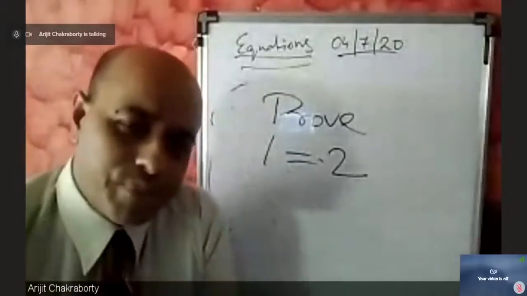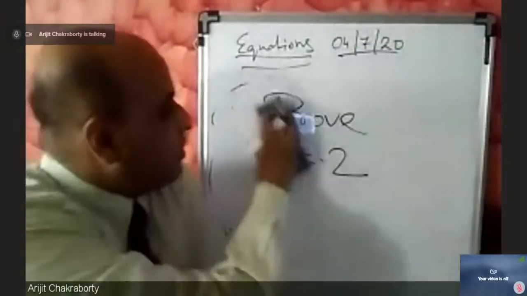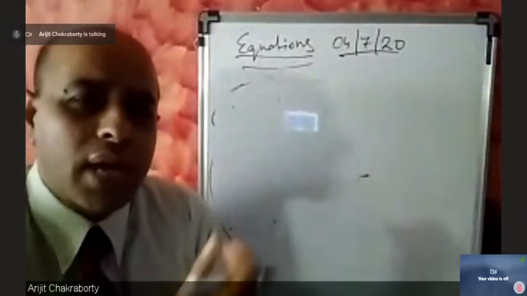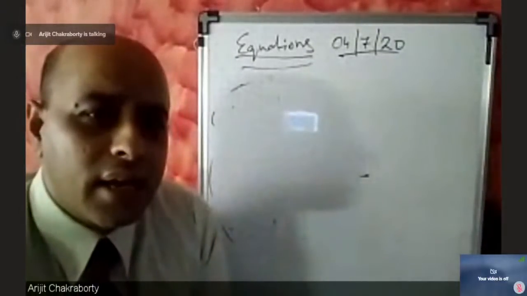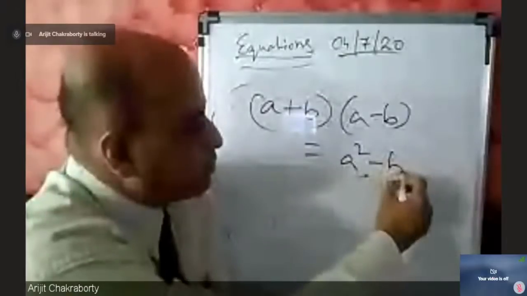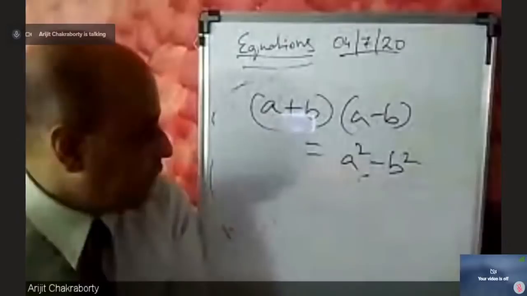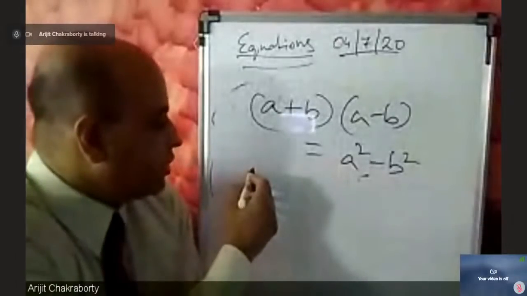Let us see. I am taking use of a simple formula which I was explaining 2-3 minutes back, that is (a + b)(a - b), which gives us a² - b². So let us take this example. Let a = 1.